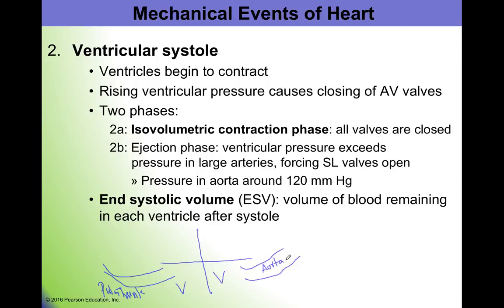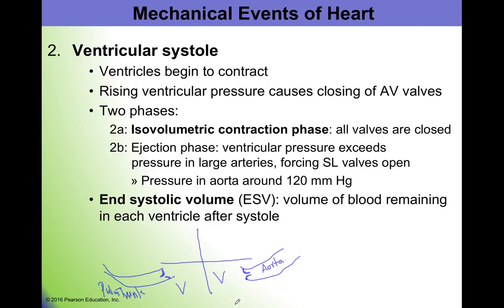I know it's not anatomically correct, but I just want you to have an idea. So covering the pulmonary trunk, you have the pulmonary valve, or pulmonary semilunar valve. And on this side, you have your aortic semilunar valve, that are closed at this stage.